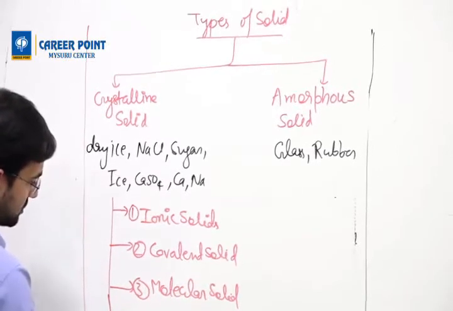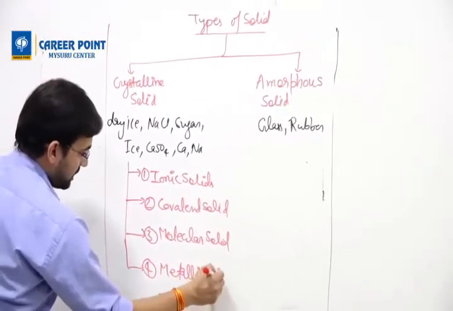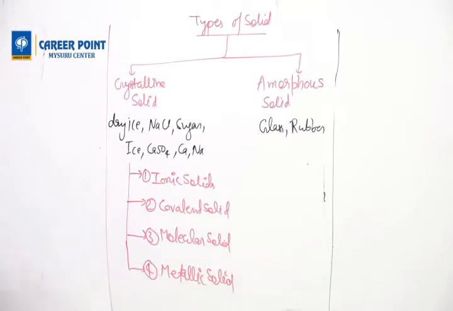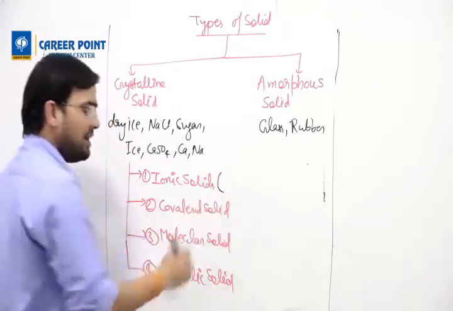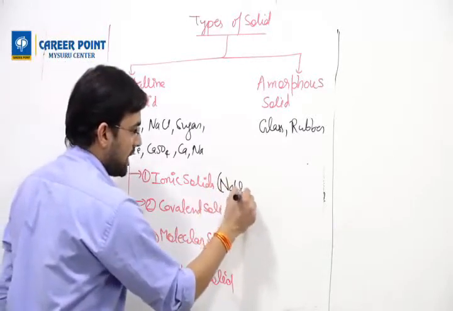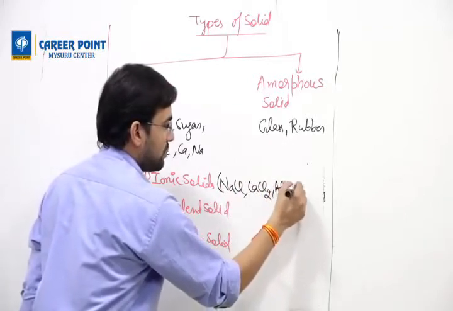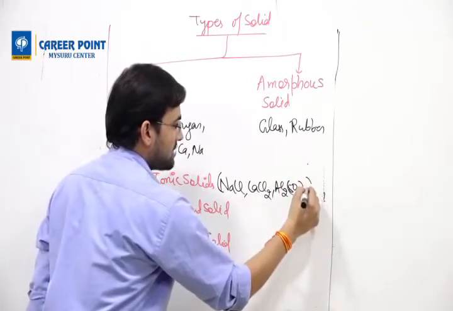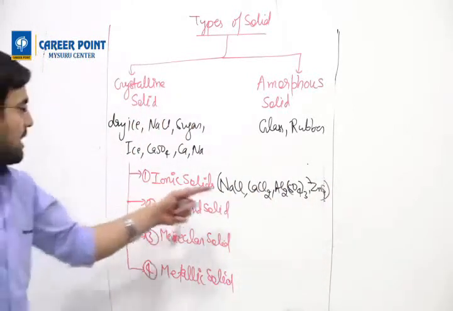And fourth is metallic solid. I'll give you an example of all four. Ionic solid means an ionic compound. What are the ionic compounds? NaCl, CaCl2, Al2(SO4)3, ZnS, all are ionic compounds. So they are ionic solids.